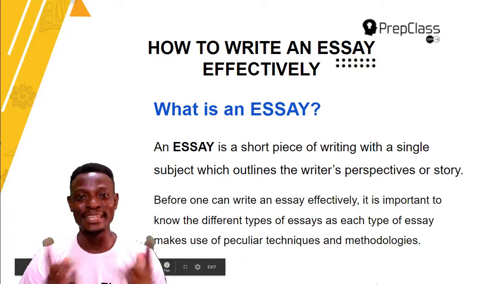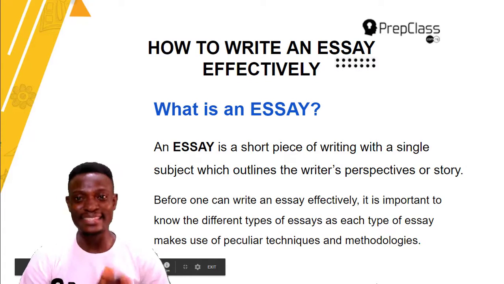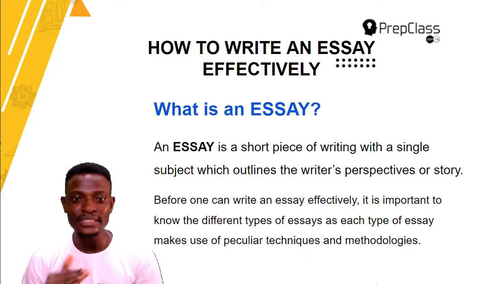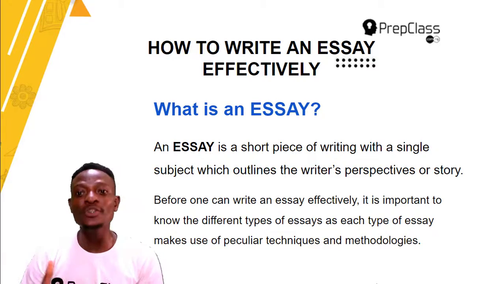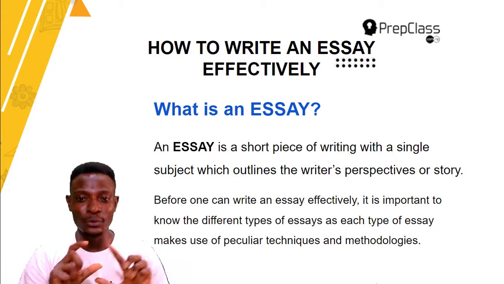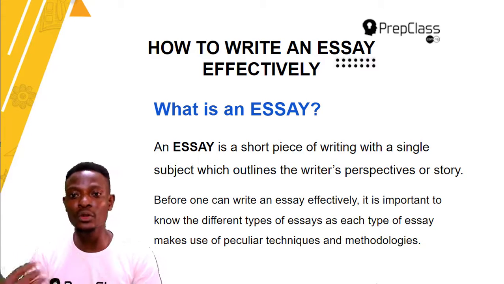Right, let's begin. How to write an essay effectively. Now, what is an essay? An essay is a short piece of writing with a single subject, which outlines the writer's perspectives or story.